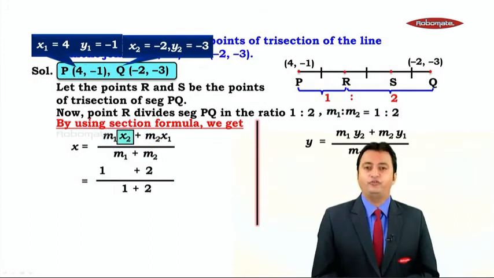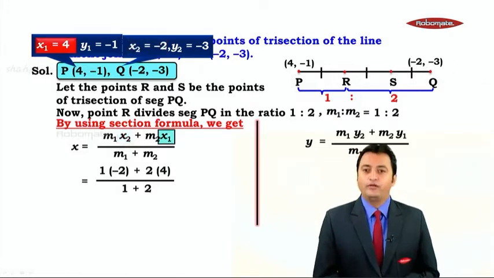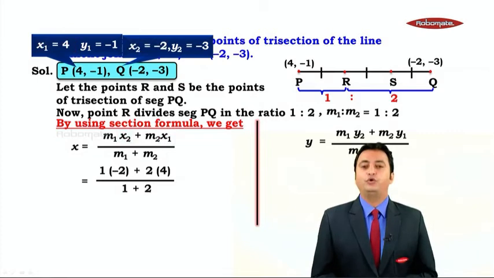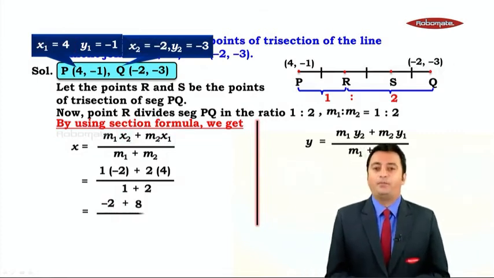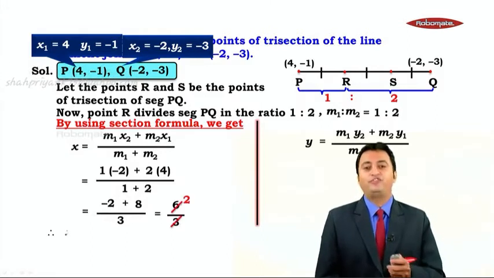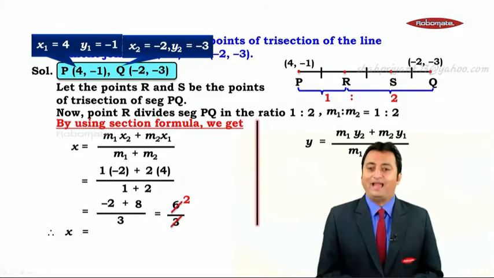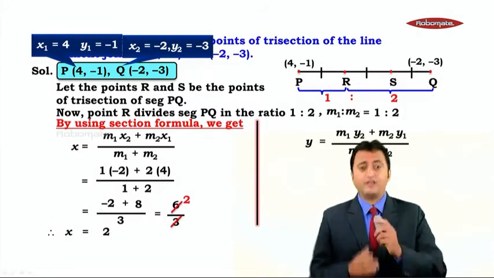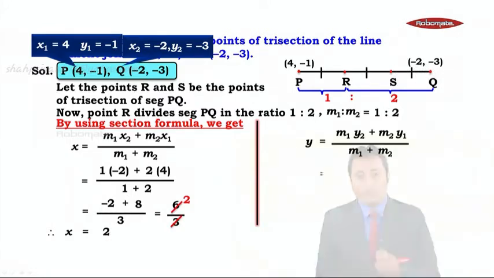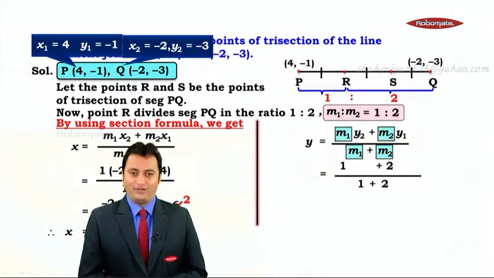How much is x2? x2 is -2 and x1 is 4. Therefore, (-2 plus 8) upon 3. That is 6 upon 3, which is equal to 2. So x coordinate of point R we got as 2. Let us solve now for y coordinate. y is equal to, ratio 1:2, so (1, 2) upon 1 plus 2.